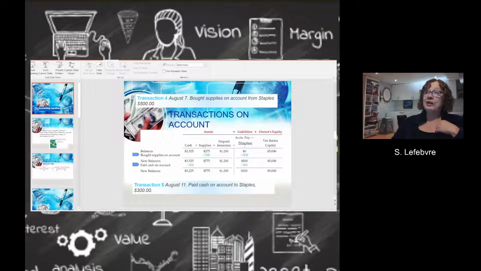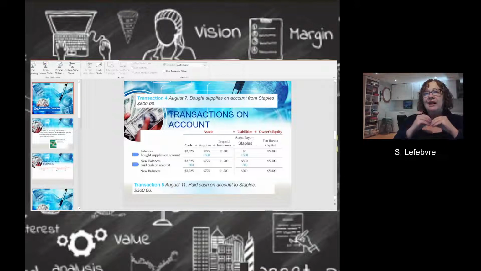So what we're going to see here is that our supplies are increasing by $500 and our Staples account, which is a liability because we've charged it, we owe Staples money, so they become a liability. So it is increasing, and students often get this mixed up too.